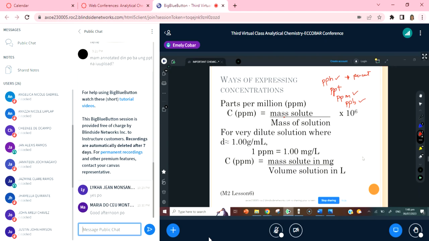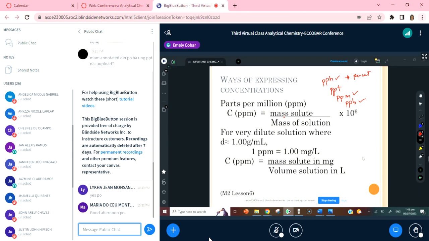Now, pag meron tayong mga solution na very dilute, ibig sabihin, ang density niya is 1 gram per mL or less than 1, then 1 ppm of that solution contains 1 milligram of the solute per liter of the solution.